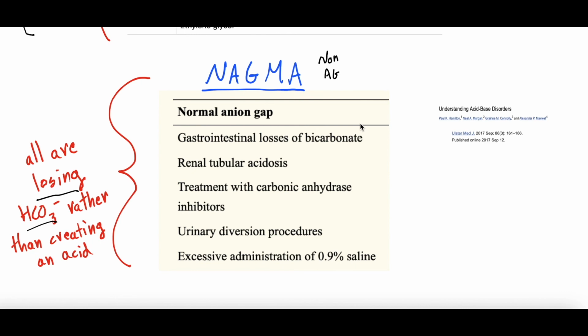Renal tubular acidosis is where you just don't absorb bicarb. Treatment with a carbonic anhydrase inhibitor excretes bicarb. Excessive administration of normal saline actually just increases your chloride, because normal saline is NaCl.